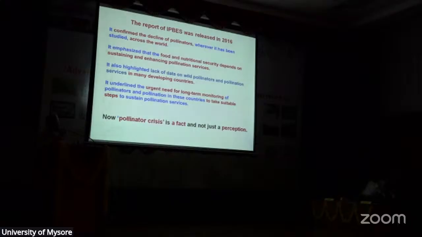It also highlighted the lack of data on wild pollinators and pollination services in many developing countries. This is important. This includes India also. It underlines the urgent need for long-term monitoring of pollinators and pollination in these countries to take suitable steps to sustain pollination services. So now the pollination crisis is a fact and not just a perception.